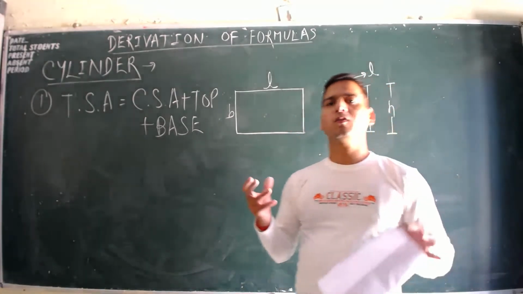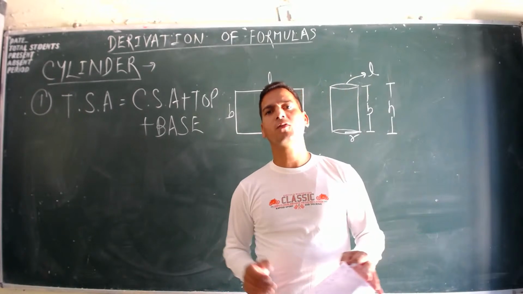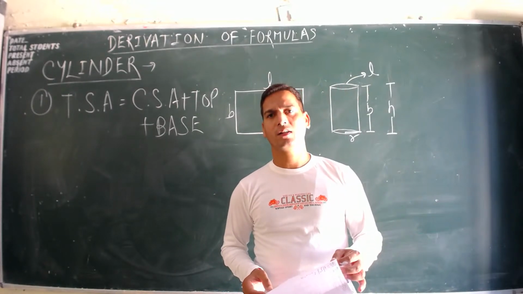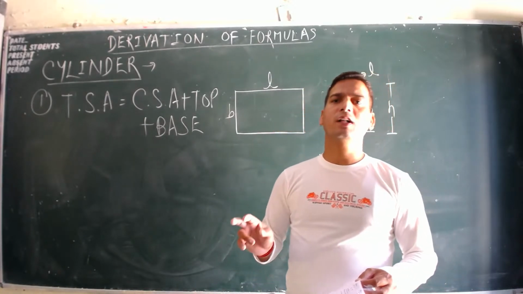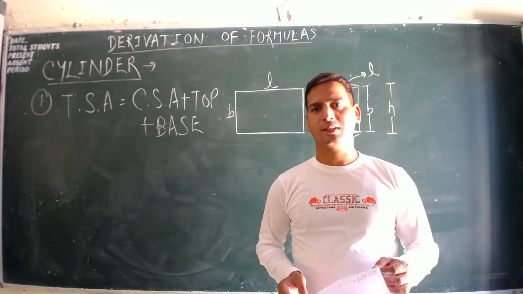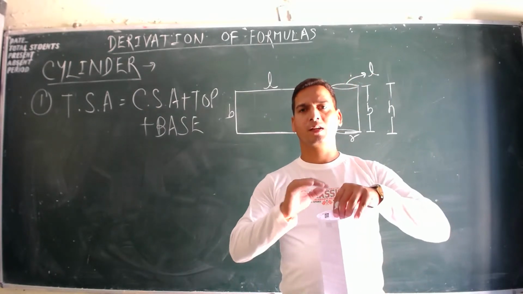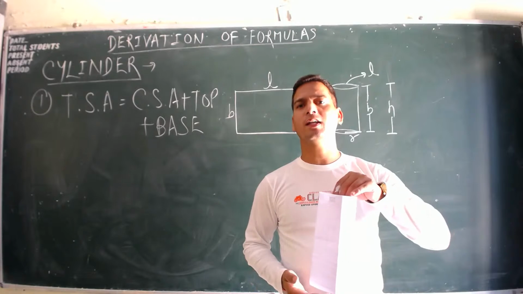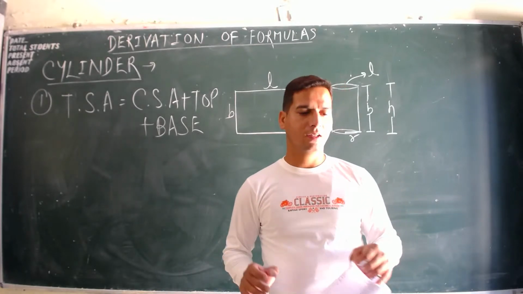It is impossible to find a cylinder whose top and bottom faces are unequal. If the top face and bottom face are unequal, then it cannot be a cylinder. It's a compulsory condition for a cylinder to have top face and bottom face as equal circles.